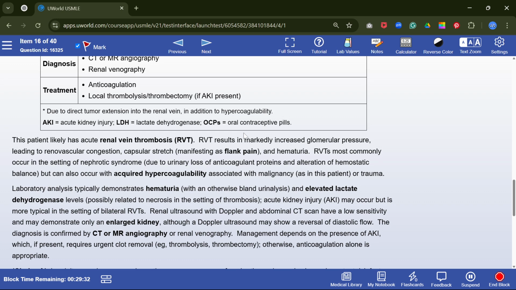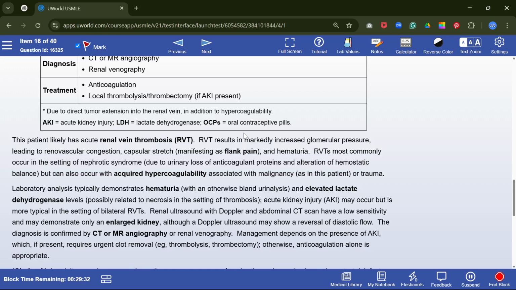Renal ultrasound with Doppler and abdominal CT scan have low sensitivity and may demonstrate only an enlarged kidney, although a Doppler ultrasound may show a reversal of diastolic flow. The diagnosis is confirmed by CT or MR angiography or renal venography.